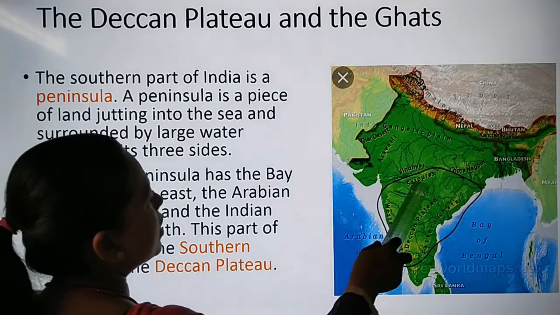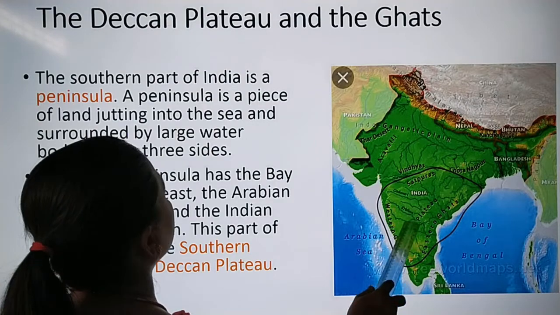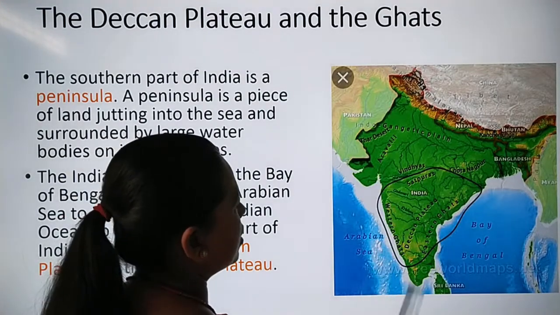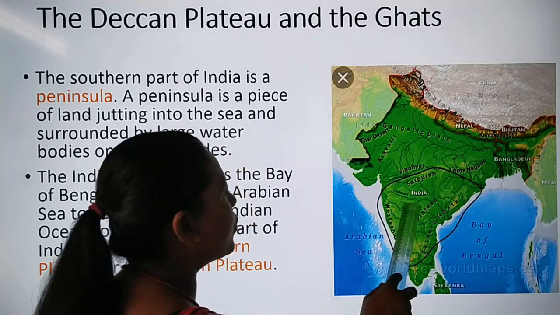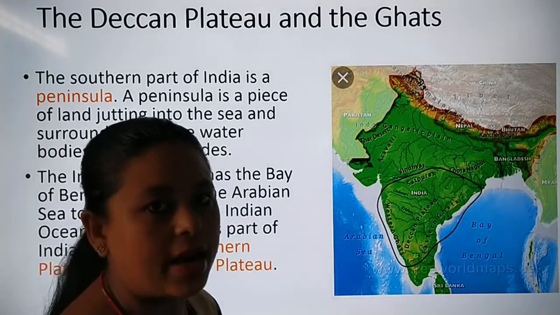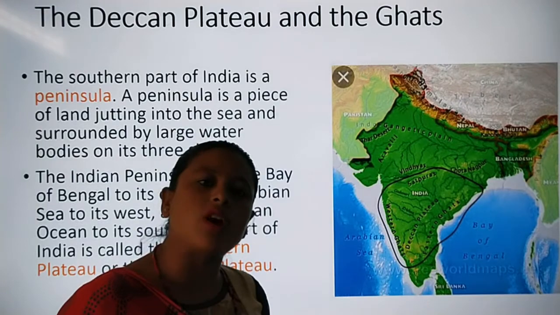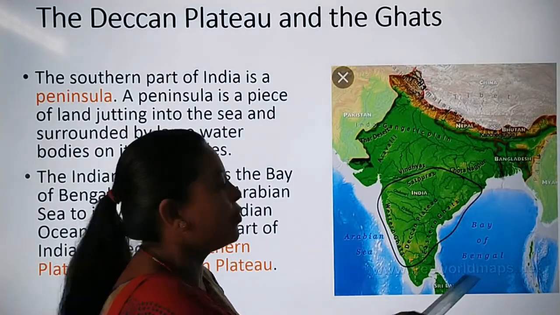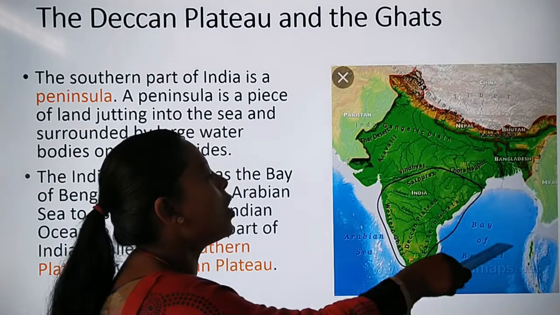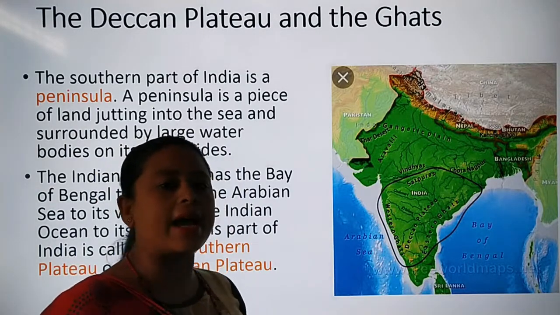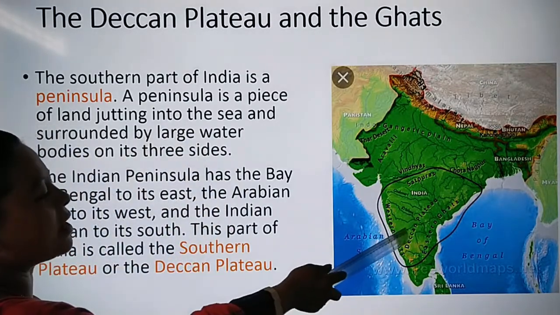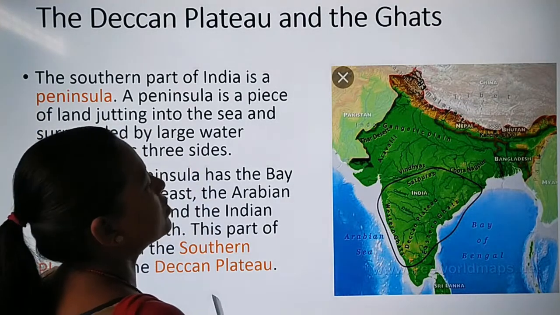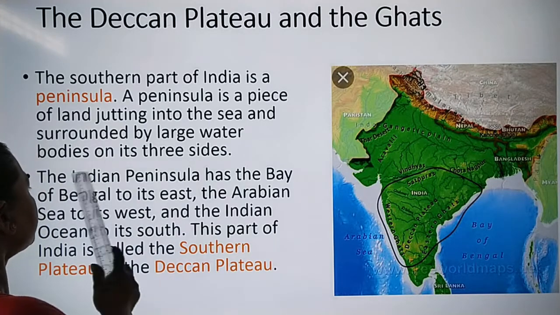So the southern part of our country is a land which is called peninsula. Peninsula is a piece of land surrounded by water on its three sides.